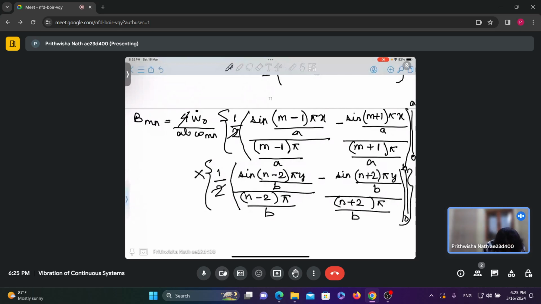So what can I write? This is equal to 0 for m not equal to 1 and n not equal to 2.